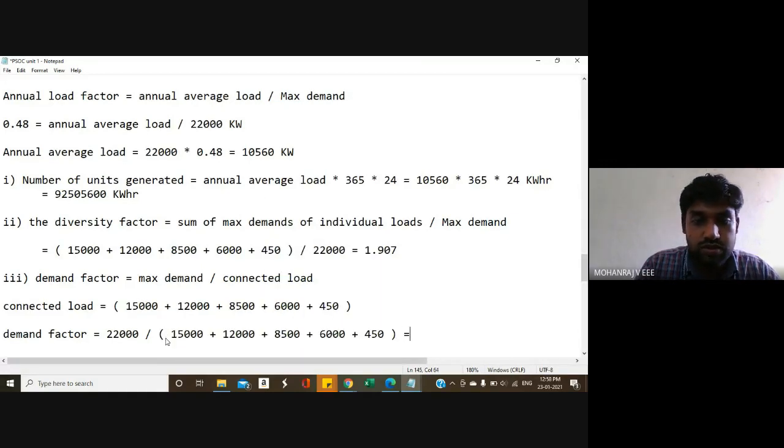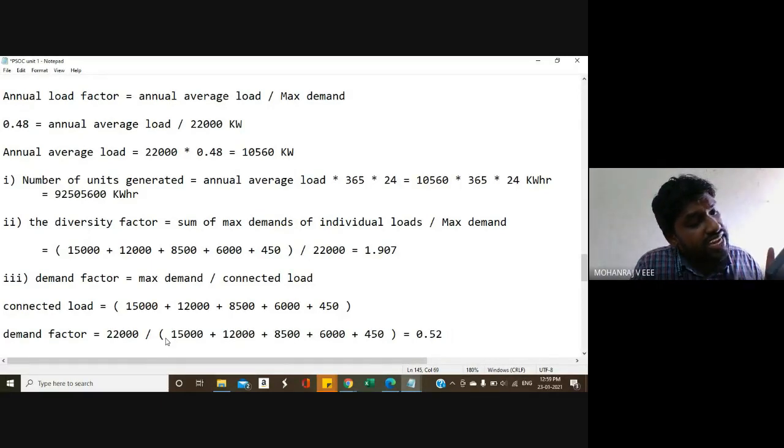So what is that equal to? 15,000 plus 12,000 plus 8,500 plus 6,000 plus 450. 22,000 divided by this value is equal to 0.524. So that is my demand factor.